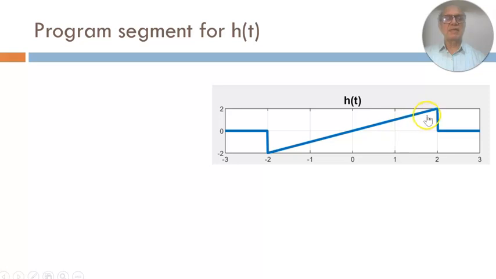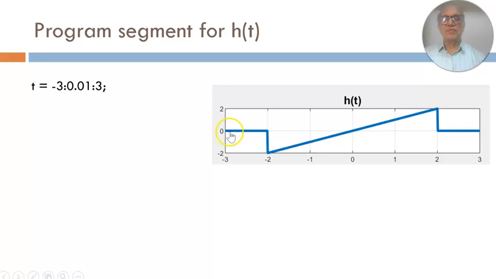In the second segment, ht is linearly related to time. And in the third segment, again, all of them are zeros. So let us write the program for this. First we generate our time vector from -3. I have used a sampling time of 0.01 seconds, so -3, 0.01, 3. This entire time vector is generated.